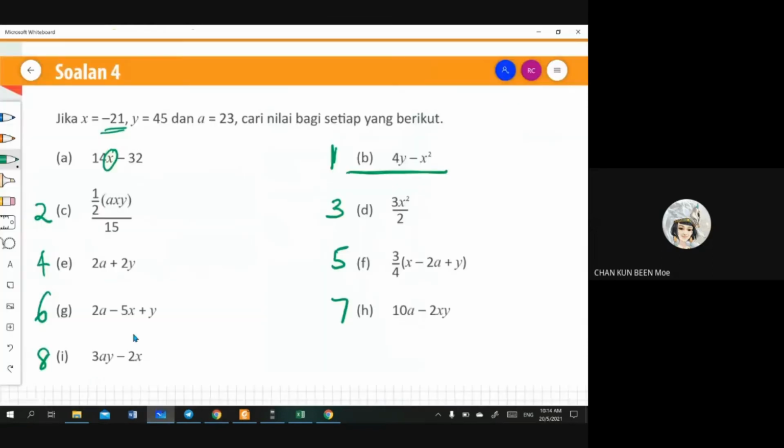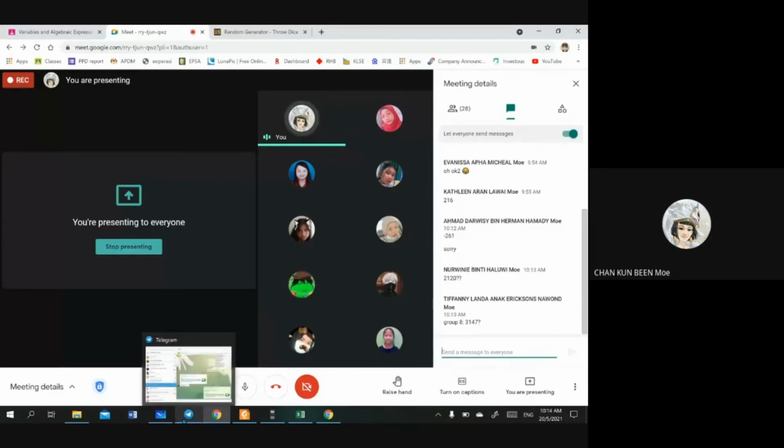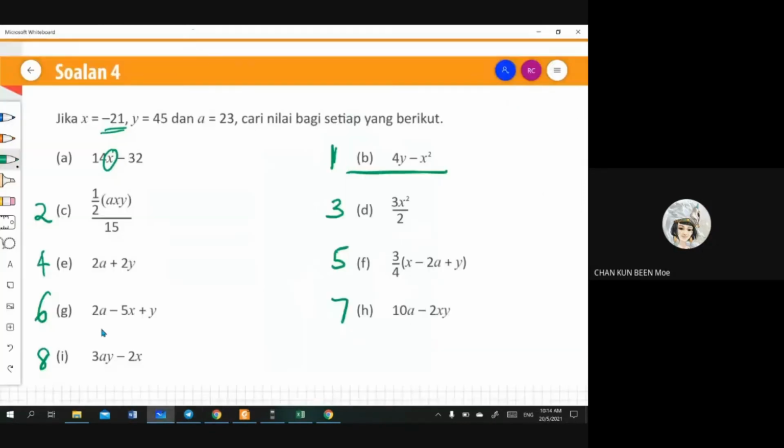Then we move on to the next group, number 6. If you want to make it faster, you can type your group name and your group answer on the chat board there. Negative 14. That one is the answer for group 6, is it? Negative 14 is not correct. Try again.